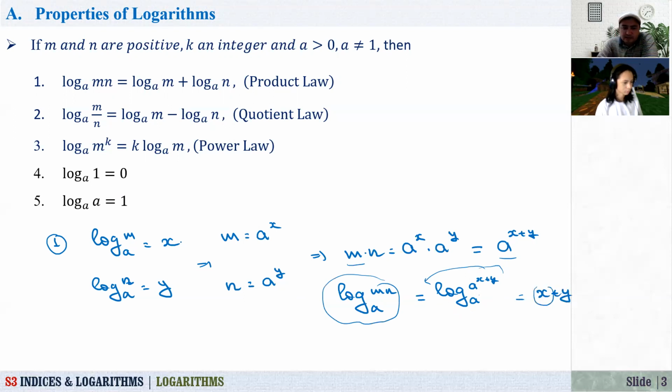And what is x? x is equal to the logarithm of m to the base a. And how about y? y is equal to the logarithm of n to the base a.